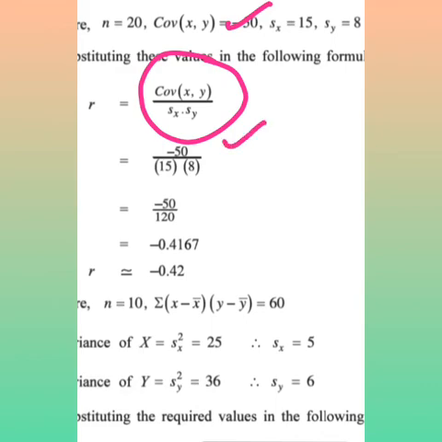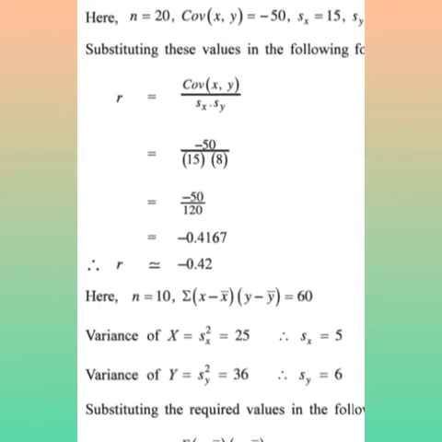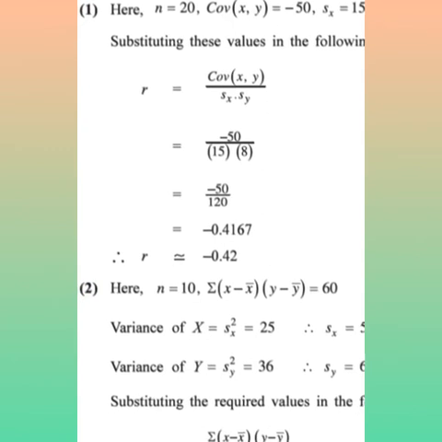Standard deviation of x is 15, so put 15. sy is 8, put 8 over here. You got all the values, just solve it and you will get the answer minus 0.42. Your r is minus 0.42. Over here we are not going to write the interpretation because this is not our long sum.